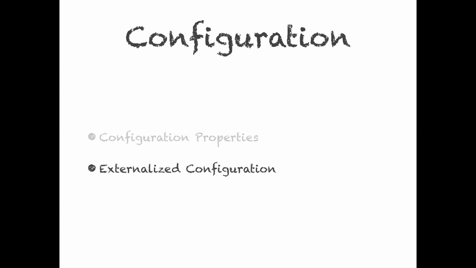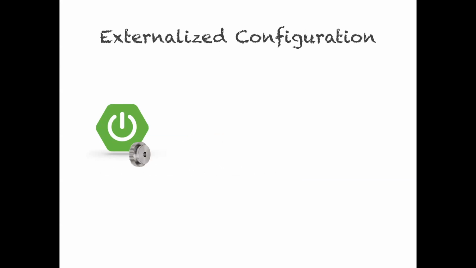Once you have these configuration properties, how do you actually configure them? Spring Boot lets you externalize your configuration so that it's separate from the code. Like I mentioned, you can run the same application code in different environments. So you have your Spring Boot application and you want to configure it.